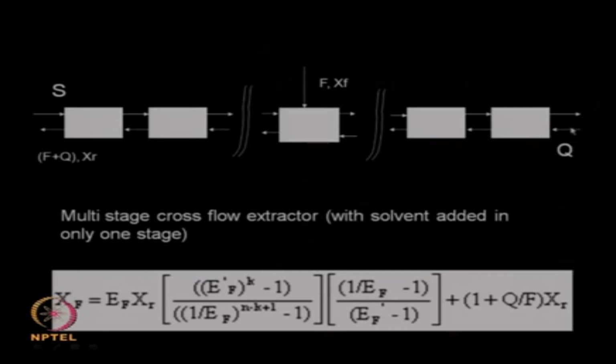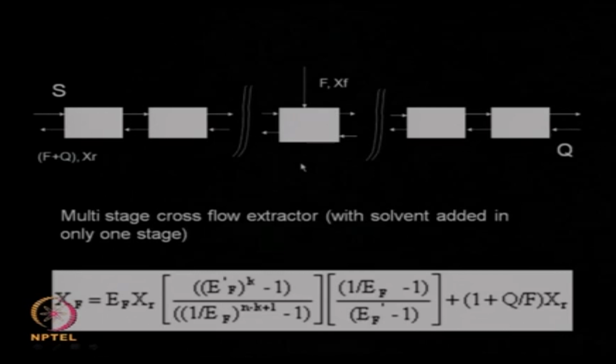And from one end you are introducing just the heavy liquid without any solute, that is quantity of Q. So F plus Q gets added up here, and the concentration changes or decreases from XF to XR. Now your solvent is introduced from the left hand side and the solvent is free from any solute, that means there is no solute present in the solvent, and it moves here. So again solvent is added only in one place like a normal counter current system.